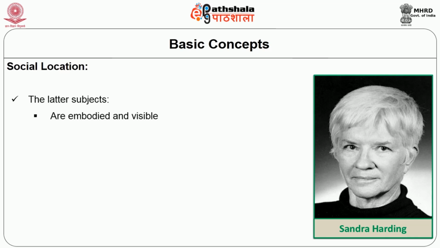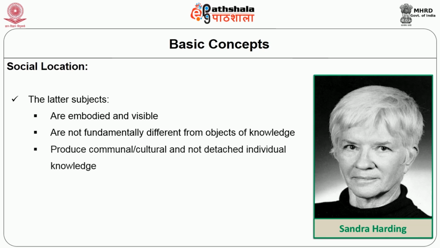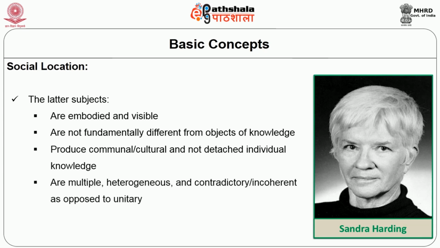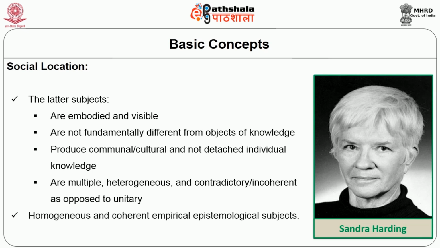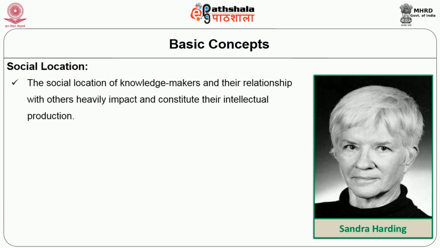The latter subjects are embodied and visible, are not fundamentally different from objects of knowledge, produce communal, cultural, and not detached individual knowledge, and are multiple, heterogeneous, and contradictory, incoherent as opposed to unitary, homogeneous, and coherent empirical epistemological subjects. The social location of knowledge makers and their relationships with others heavily impact and constitute their intellectual production.